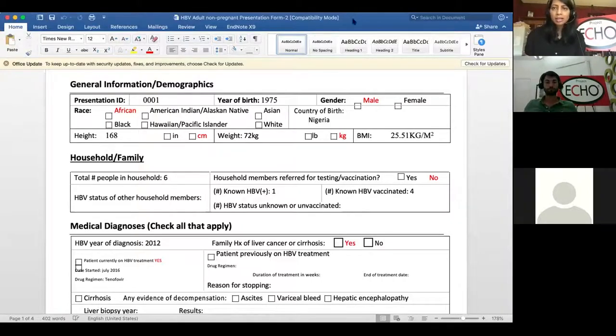There's not a lot of literature that supports its use in viral hepatitis, to be honest. It's actually mostly been studied here in the United States and elsewhere in patients with other liver conditions such as primary biliary cirrhosis or primary sclerosing cholangitis.